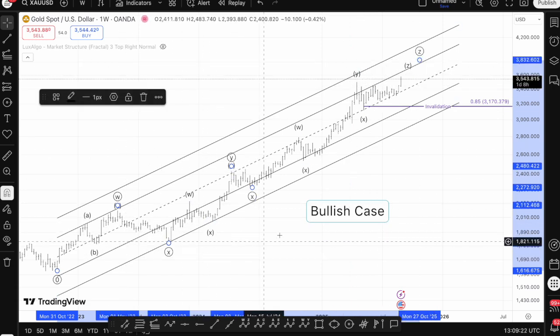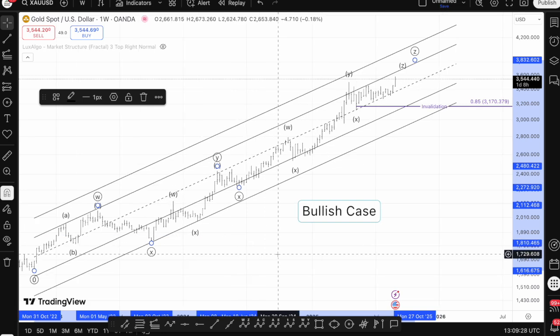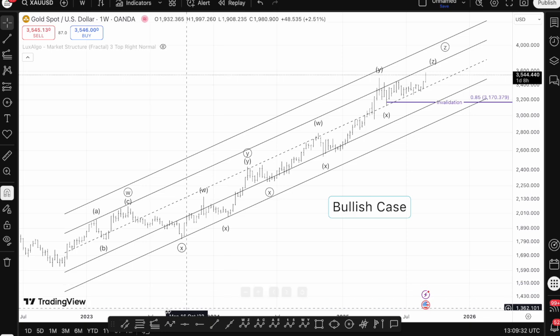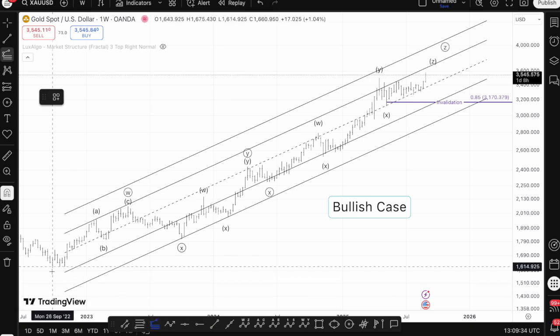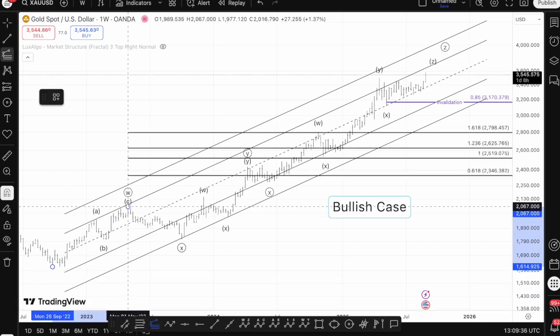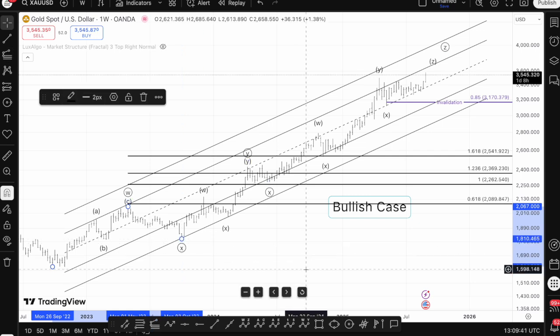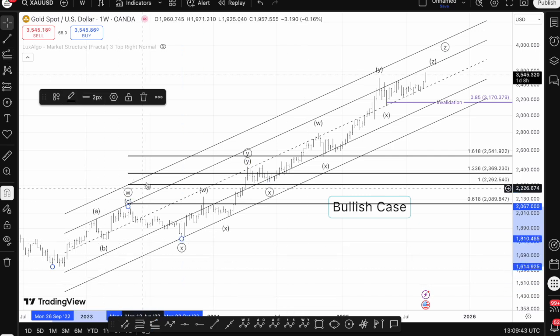So let me just clarify something before we talk about the price action of this zone. When I'm counting this leg as a WXY, it must satisfy the fib levels of a corrective move, which it does. So this is a WXY.